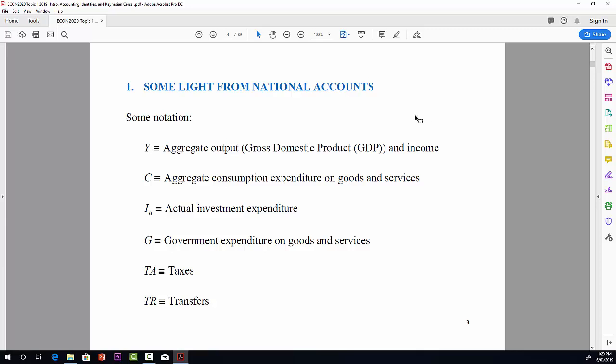IA is actual investment expenditure. This word actual is quite important, and I'll talk in more detail in a few moments about that. G stands for government expenditure on goods and services. TA is taxes, and TR is transfers. So taxes raised by the government and transfers paid by the government.